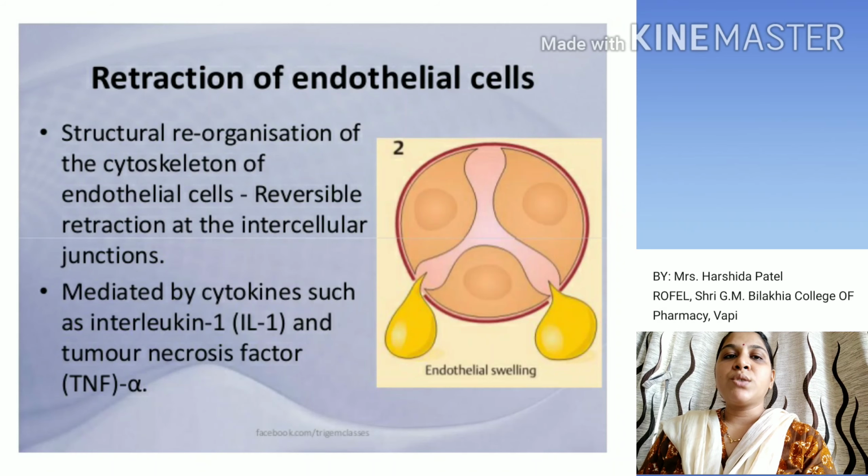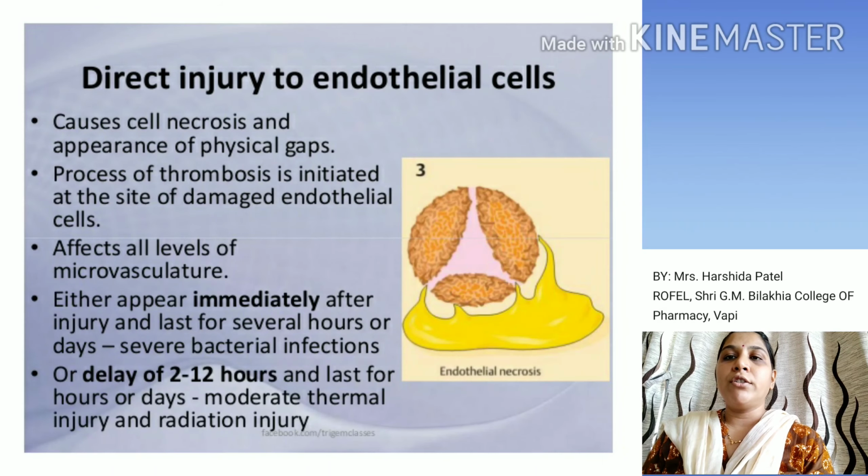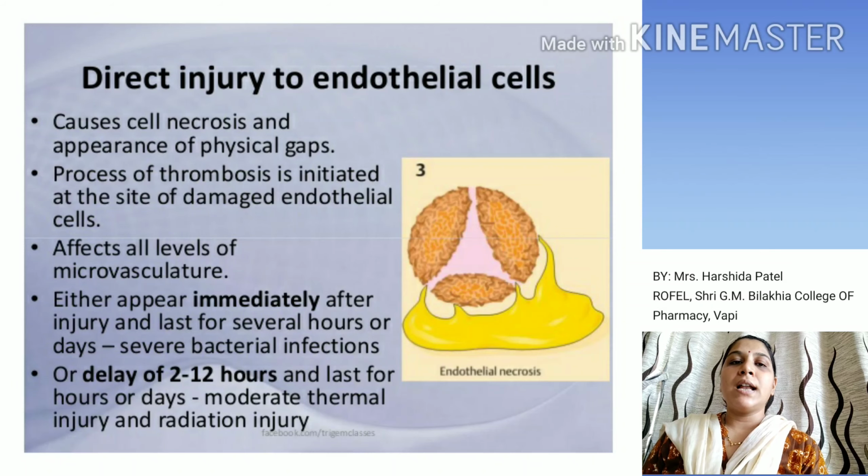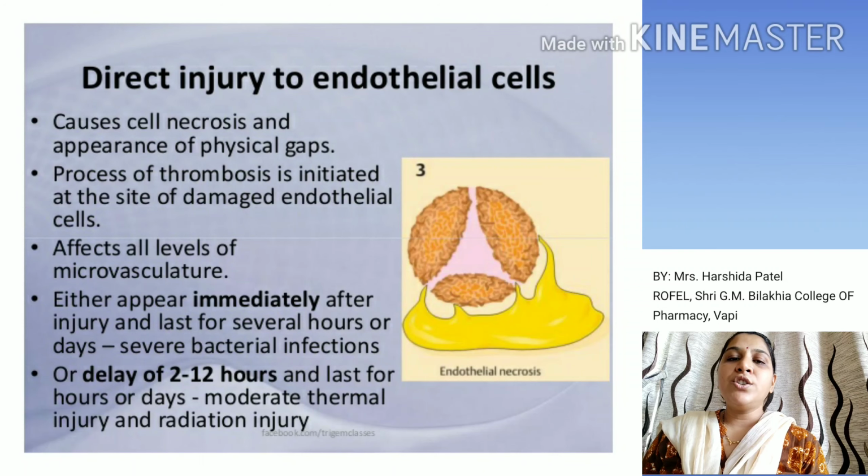Now the next mechanism is direct injury to endothelial cells. When an endothelial cell gets injured due to any cause, any cellular injury, there will be the appearance of physical gaps. Mainly this is caused by cell necrosis.